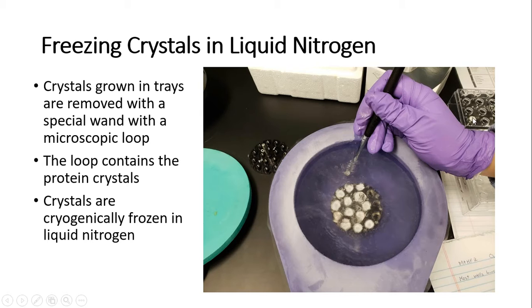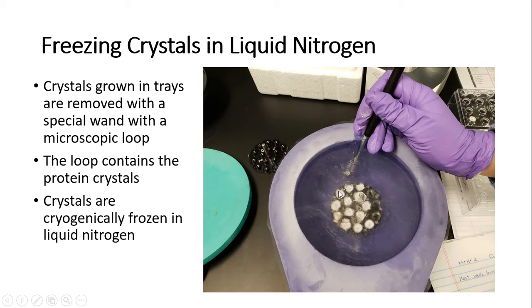The loops are attached to a magnetic cap, and then the loop comes off on the spine. And what we do is we swoop up the protein with the loop. The loop contains the crystals, and then we have to preserve the protein. So we put them in bubbling liquid nitrogen. Okay, so this is my hand. I believe this was me doing this, putting the protein in the liquid nitrogen first to let it cool down, and then we put it in what's called a puck.